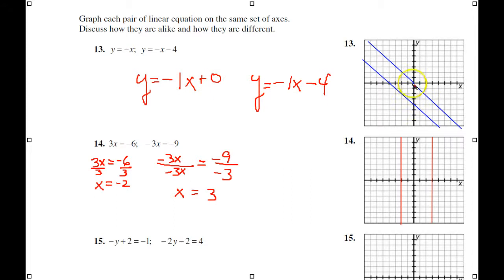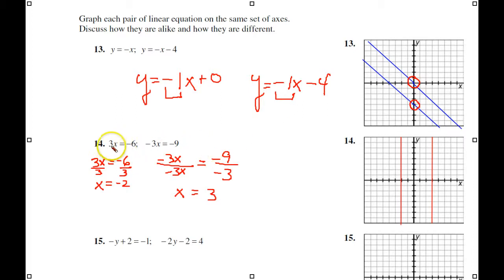So there our y-intercept was 0, and then over 1, up 1. And here our y-intercept was a negative 4 right here. And since the slopes were the same, the lines were parallel.